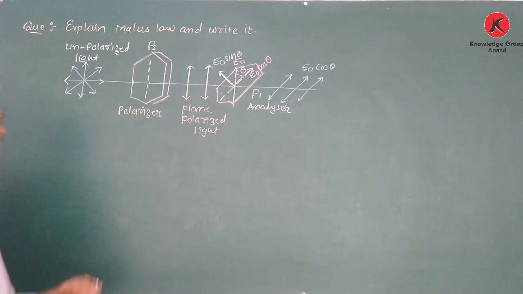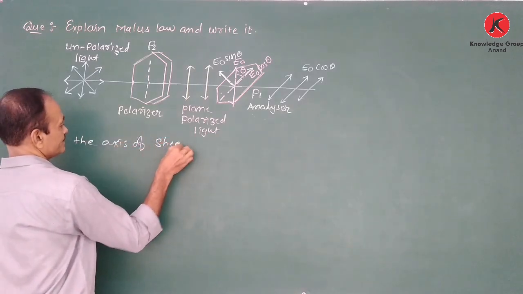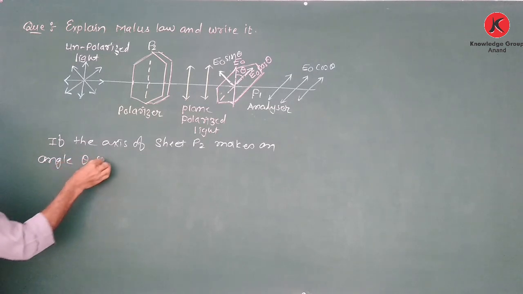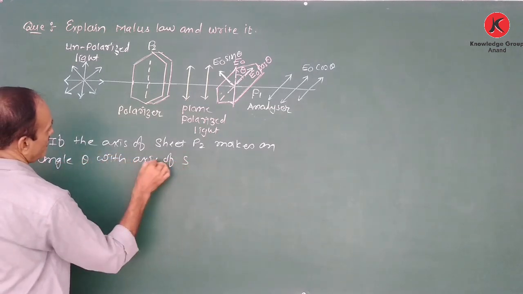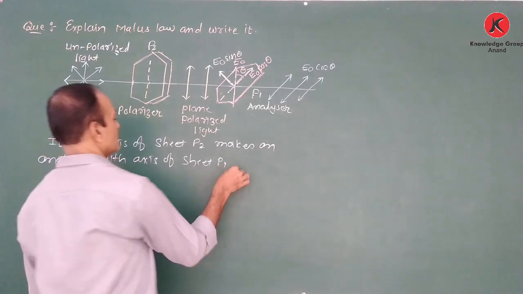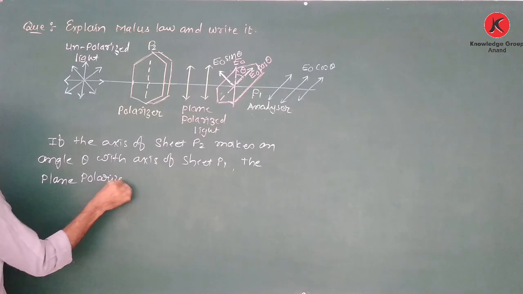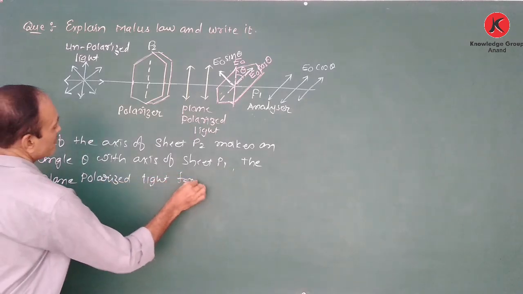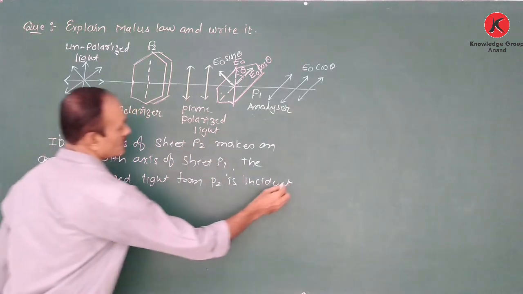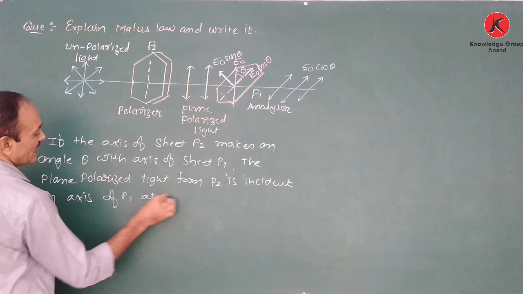For that purpose, if the axis of sheet P2 makes an angle theta with the axis of sheet P1, the plane polarized light from P2 is incident on the axis of P1 at an angle theta.